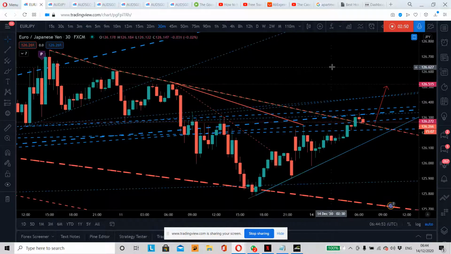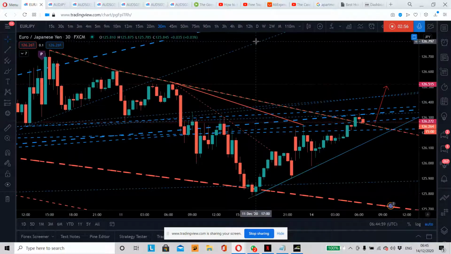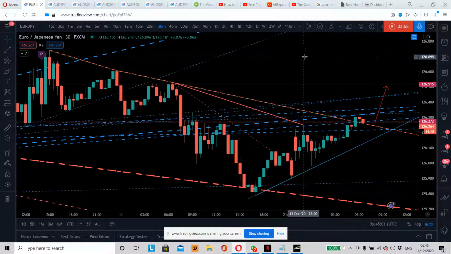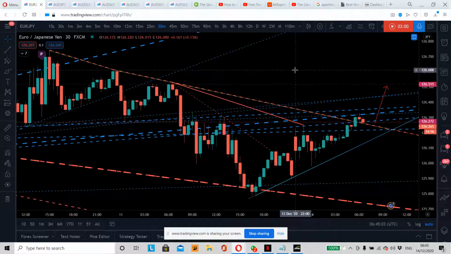What some people do like to do is just collect a partial profit around the first area of exit and see, and then ride the remaining part of their profit to the next level, which could be here, which is around here, or it could be here or further on.